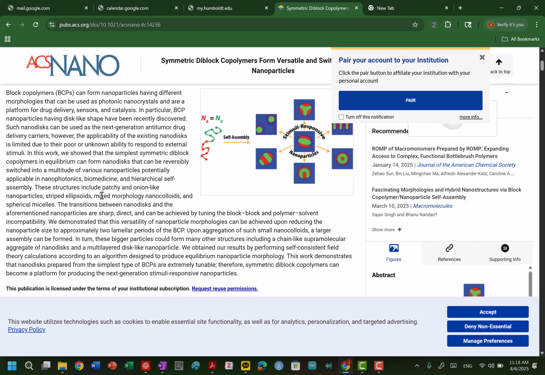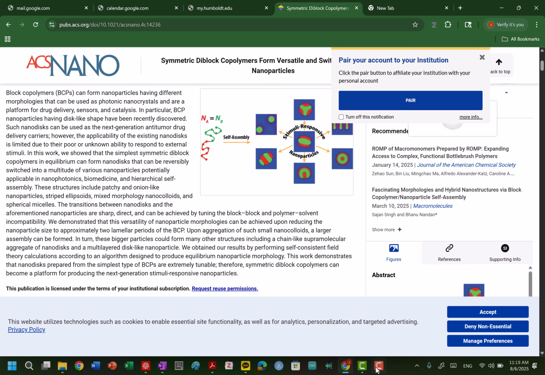These structures are really important for things like drug delivery, sensors, catalysis, even nanophotonics. You can also metallize and create little nanocircuits as well.